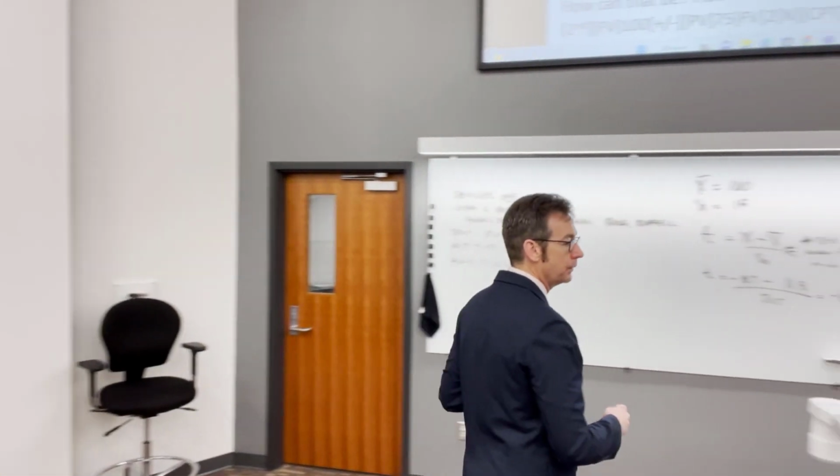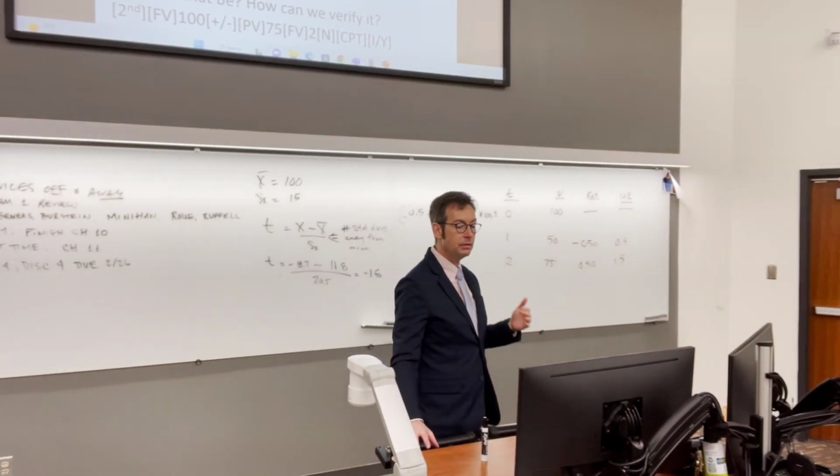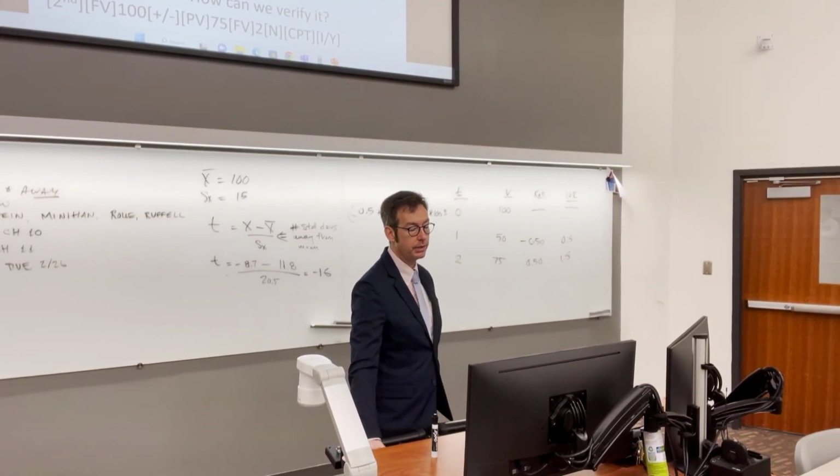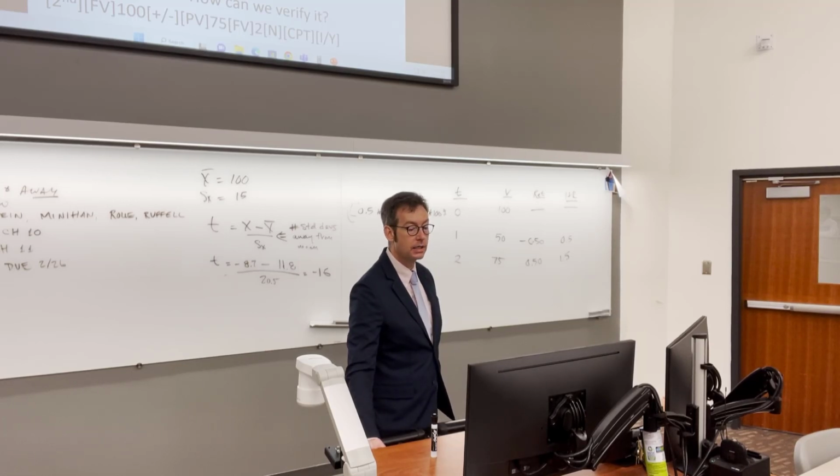So here's what we're going to do. I want you to look at the button immediately above the number 9. What do you see? Y to the x. So we're going to raise this thing to the x power. What's the x power going to be? I'm going to open parentheses, 1 divide by 2, close parentheses, equal.